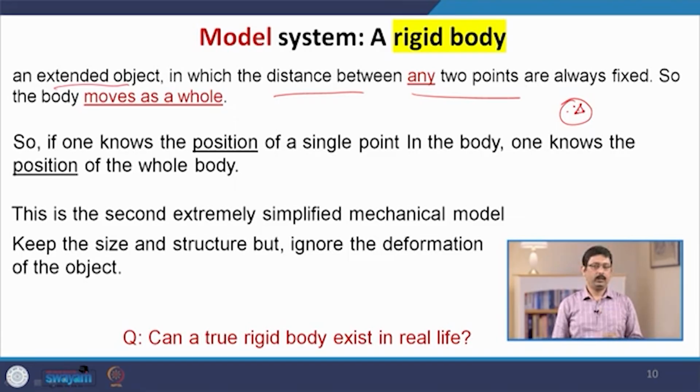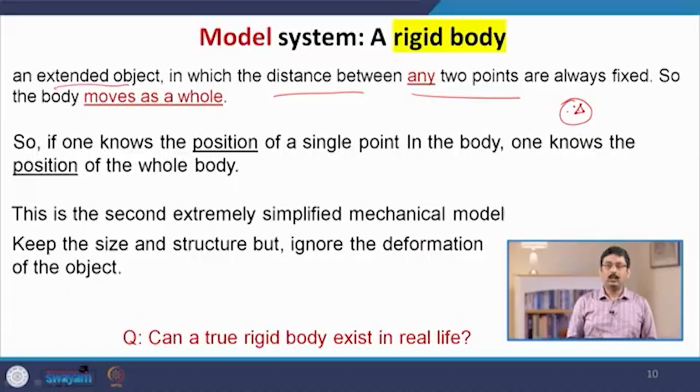If you think about it, it means that the body always moves as a whole. For example, if I look at this object, this is a solid object, and you can think of it as a rigid object. If it moves, everything moves; all the points in this paperweight move together.